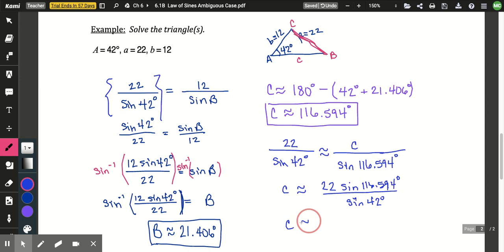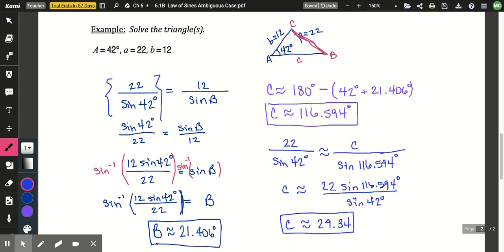Okay, so now I need to type that in my calculator so I can get a decimal approximation for side length C. So when I type that in, I get 29.34, and then there would be a 0 as my third decimal place. So I could write that or I could leave it off either way. So this would be my third value.